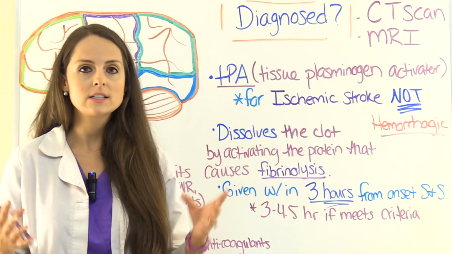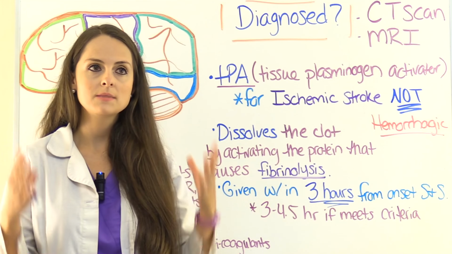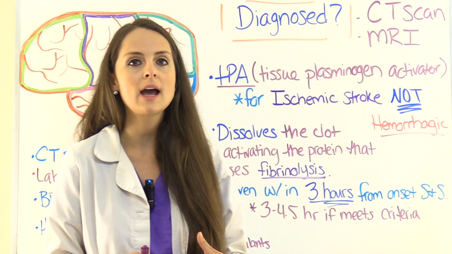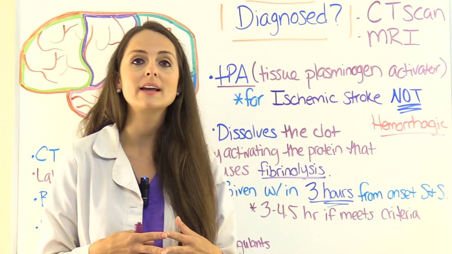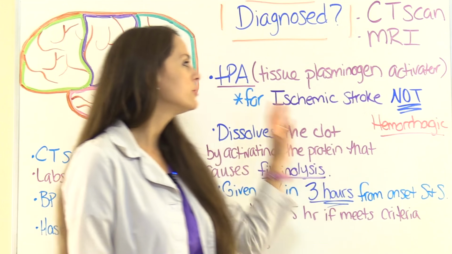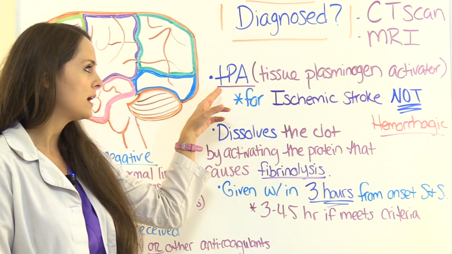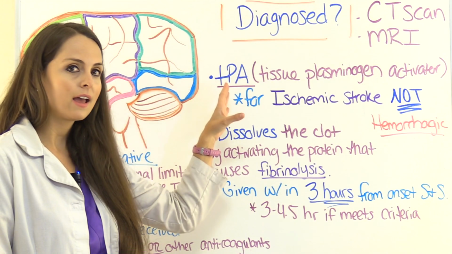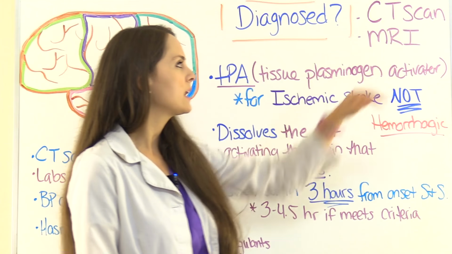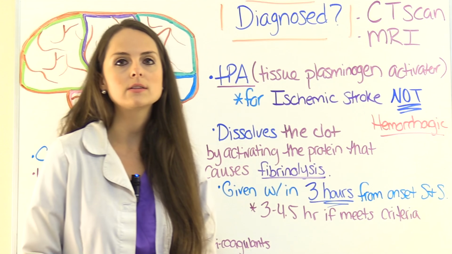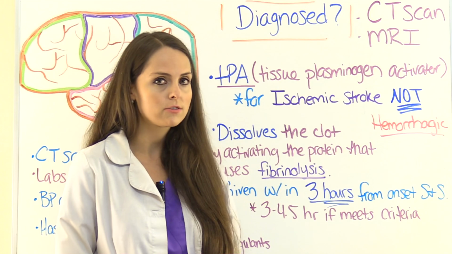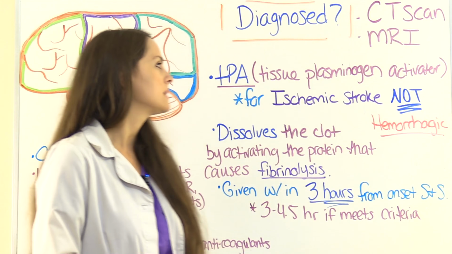One reason they like to do this whenever that patient comes in almost immediately is because they want to rule out if a patient has bleeding in the brain, like a hemorrhagic stroke. Because if they do, they're not a candidate for tPA. So they can't receive this because this will make them bleed even worse. Also, they can have what's called an MRI, look at the brain, see what lobes and areas of the brain have been affected by the stroke. That can help with diagnosing it.